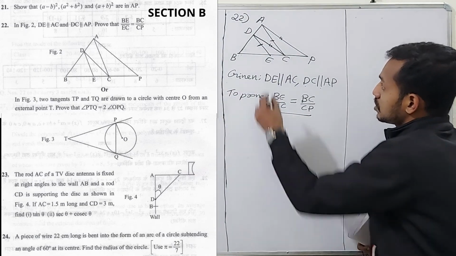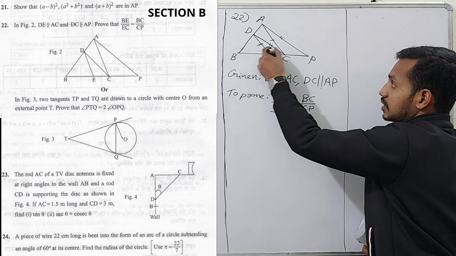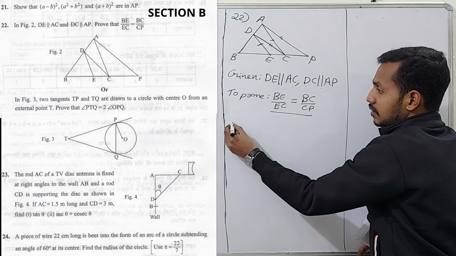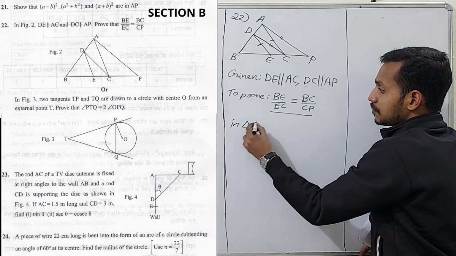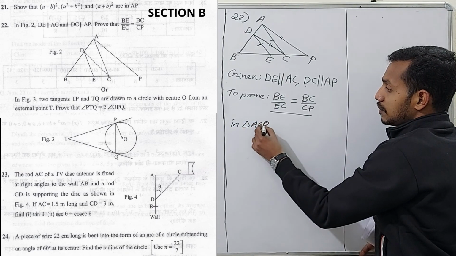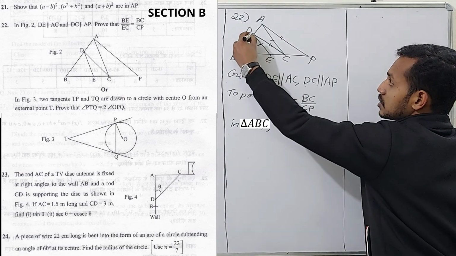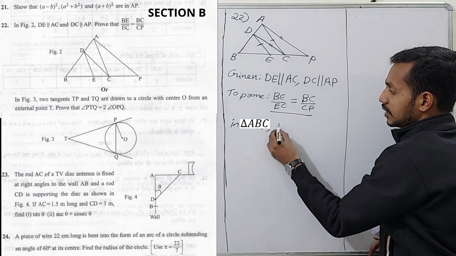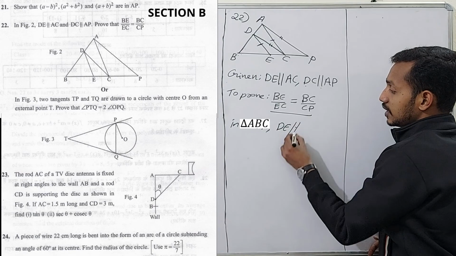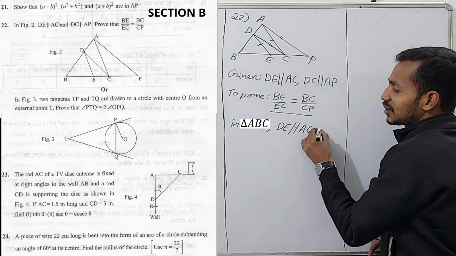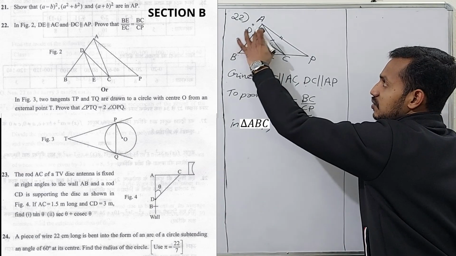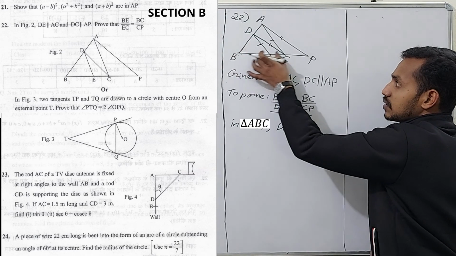So first let's apply the basic proportionality theorem in triangle ABP. What is given here? DE is parallel to AC. If these 2 lines are parallel, then the sides will be divided.